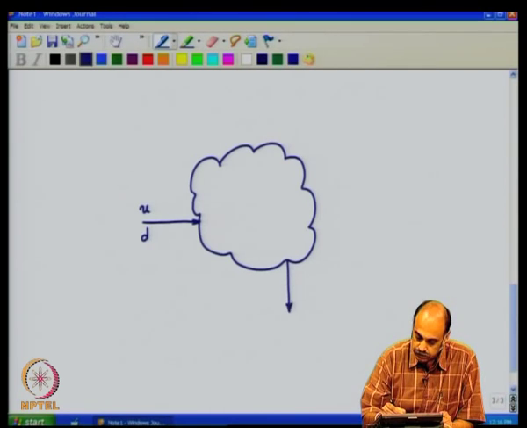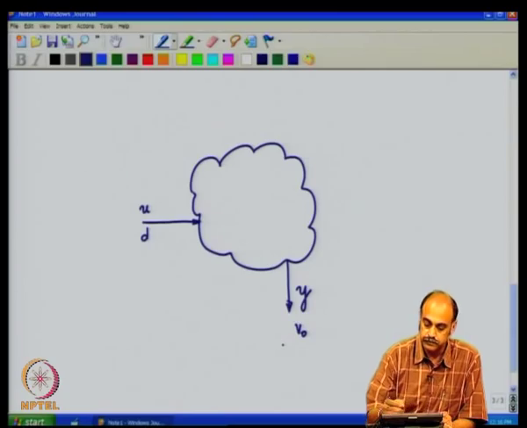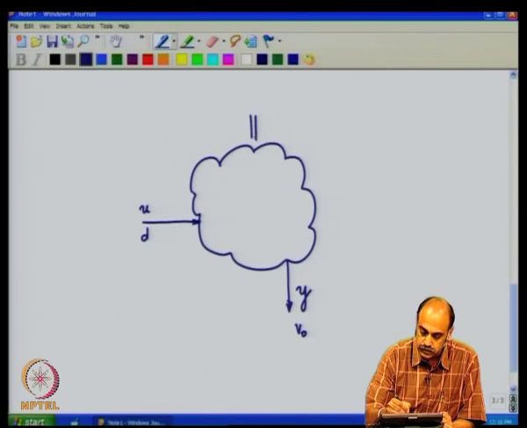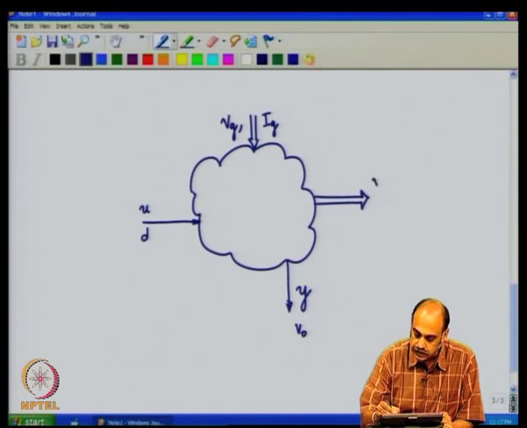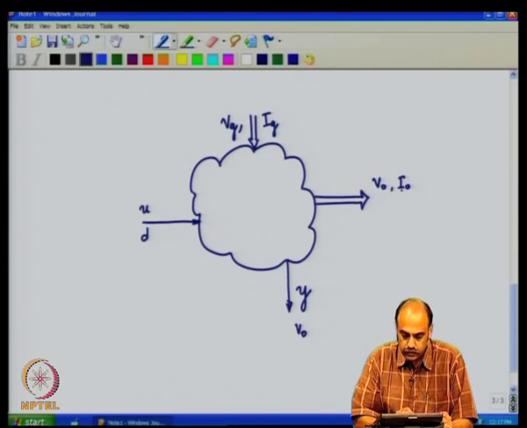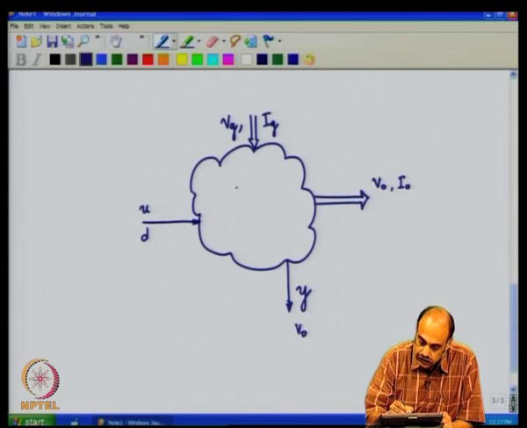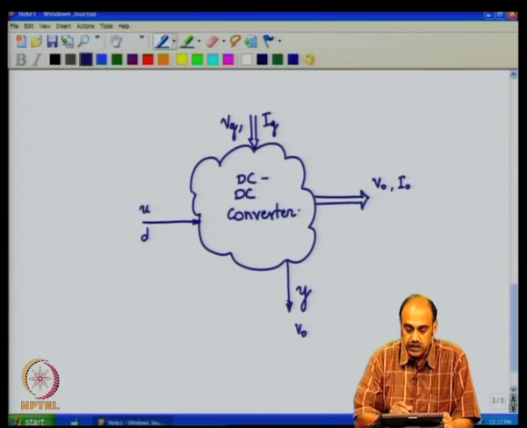There is a controlled output y, which is to be controlled, which in this case is Vo, and we have the power inputs. The power input is obtained from a supply Vg, unregulated, with Vg and Ig being the input voltage and current, and an output, power output, which is actually supplying a load Io at a voltage Vo. So, this is our DC-DC converter, which needs to be modeled.